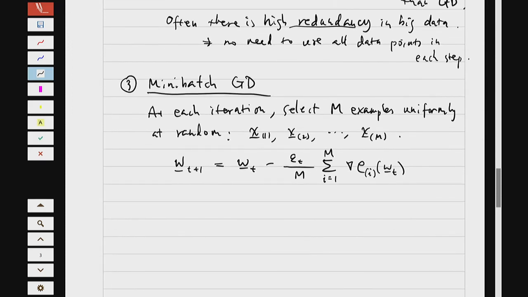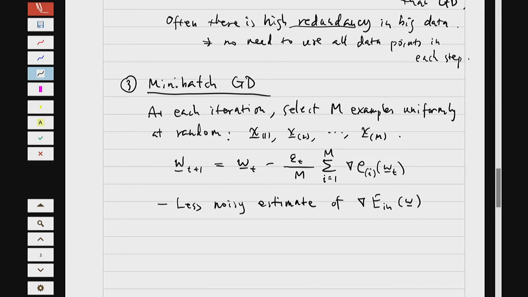So for now, uniform pick, and then by doing this, we have a less noisy estimate. Still unbiased, by the way. It's very easy to show that the expected value of this average is still the same. It's a less noisy and also unbiased estimate.